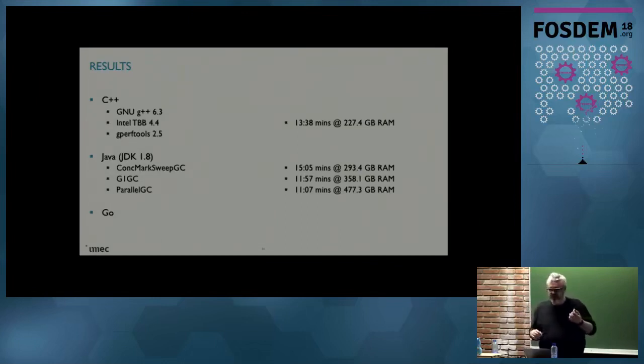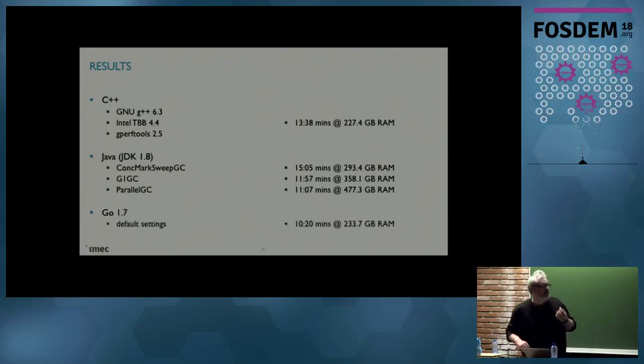That is really a lot. And even the one that uses the least amount of memory still uses a huge amount of memory. So that's not really practical. And that one actually takes very long. And by the way, the concurrent mark and sweep garbage collector is deprecated in Java 9, so we can't even use that anymore.